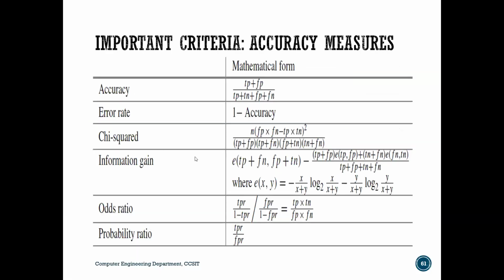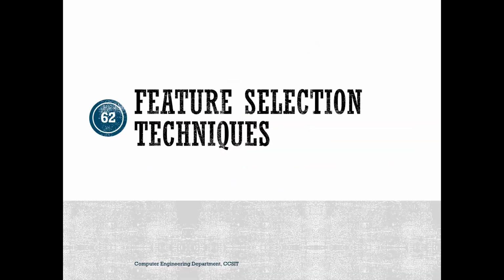Because here it is a confusion matrix, whenever I explain regression and classification, I will definitely explain how you use these formulas. So they added this slide just to cover that these are the formulas for accuracy. Later we will use them in the model.